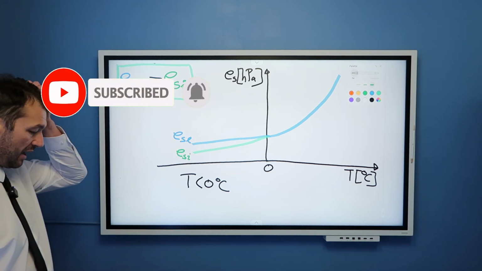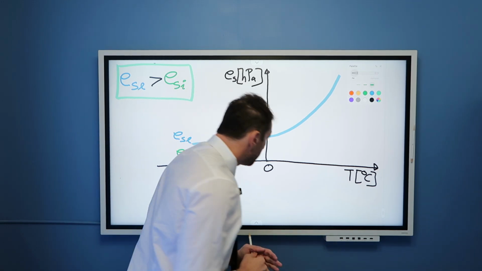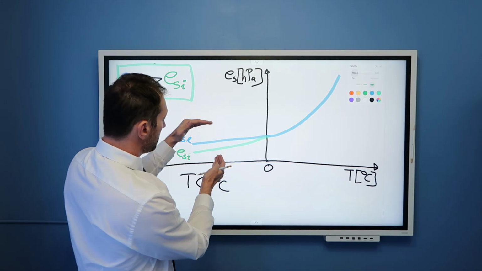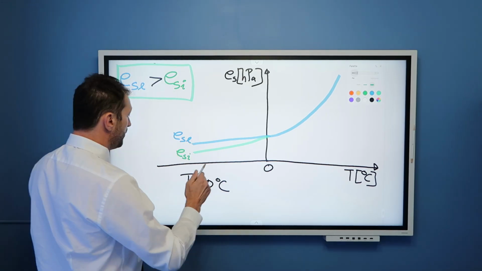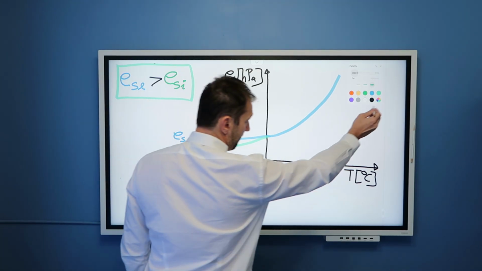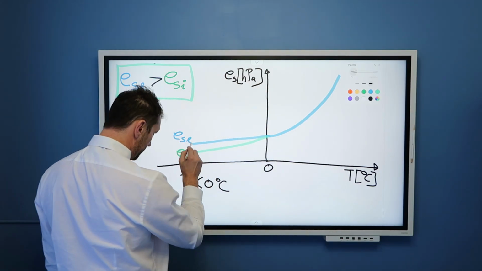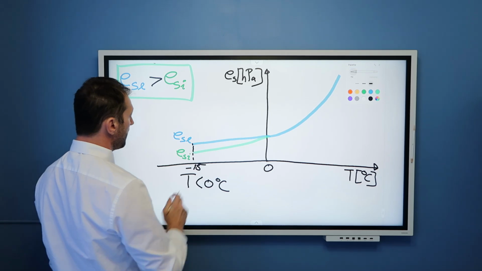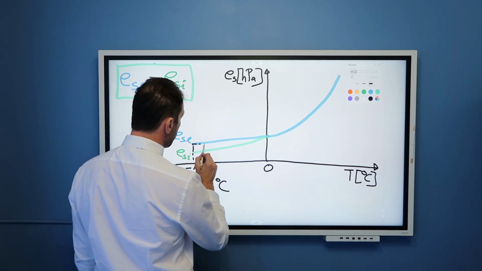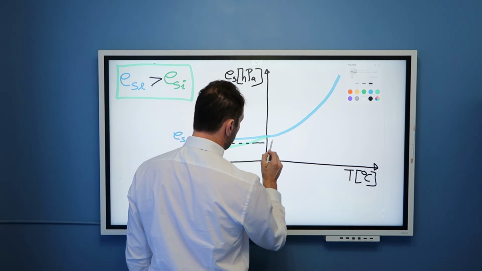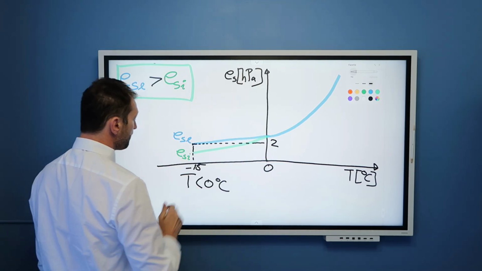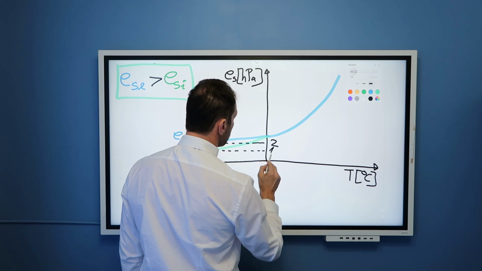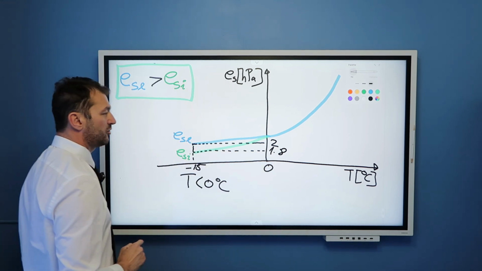You can see it. And the difference between these two curves is very, very small. I exaggerated it here. For example, if we have a temperature of negative 15 degrees Celsius, then the saturation vapor pressure over liquid water is about 2 hectopascals, whereas the saturation vapor pressure over ice is about 1.8 hectopascals.